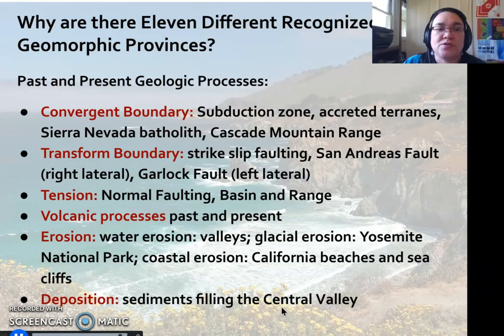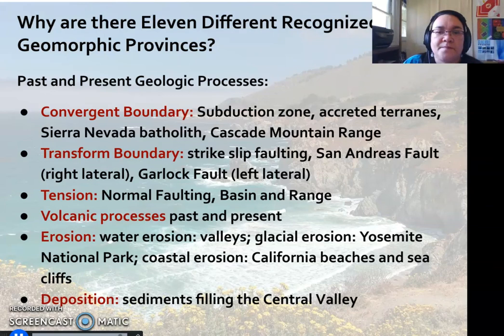The transform boundary, which is currently dominated by the San Andreas Fault and strike-slip faulting, is part of the accommodation of stress of all the faults and plate motions.